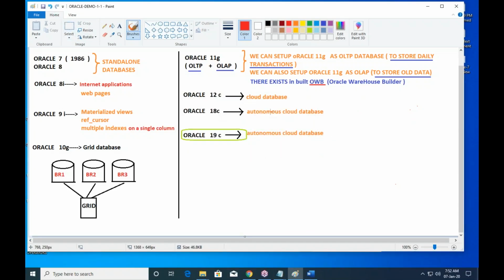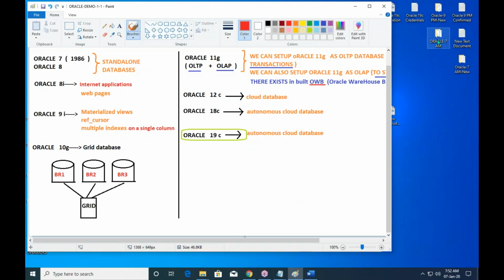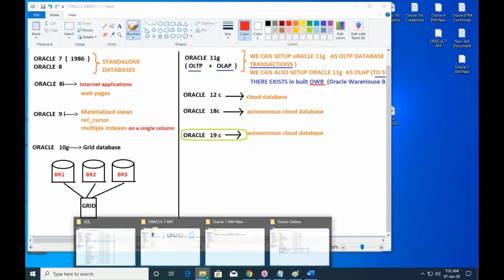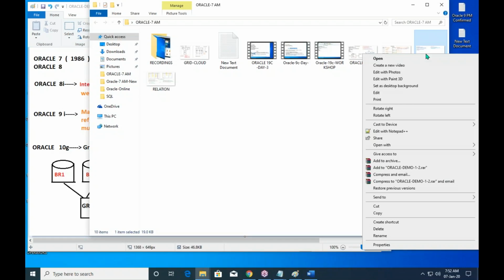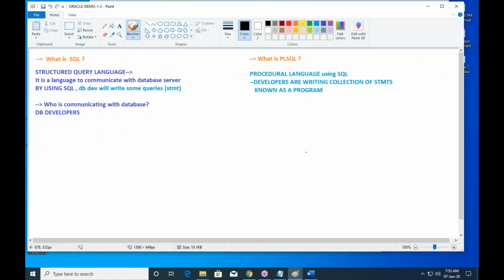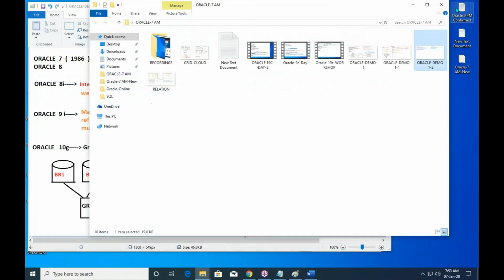Okay, next one, Oracle 12C. Oracle 12C, it is also a huge revolution. See, 11G, 12C, I want to explain in the next diagram. Please hold on. No, not this.